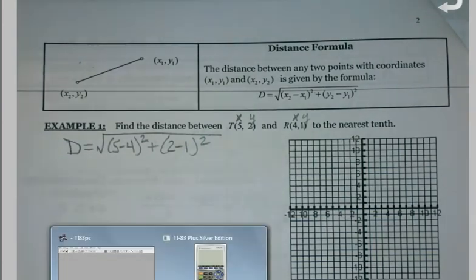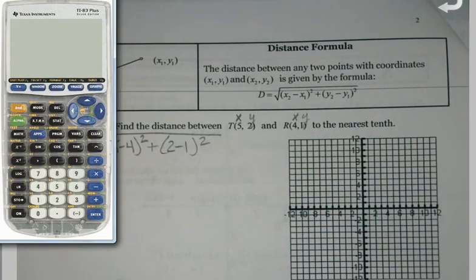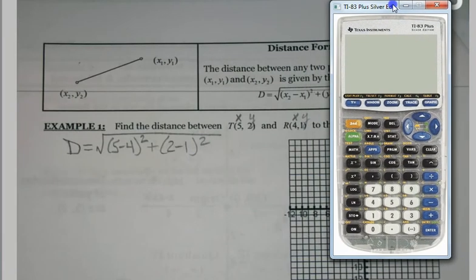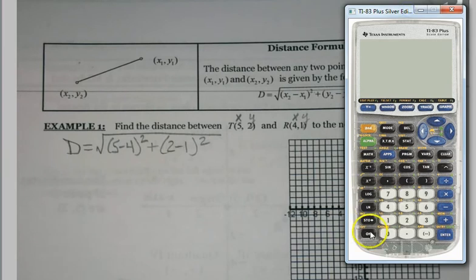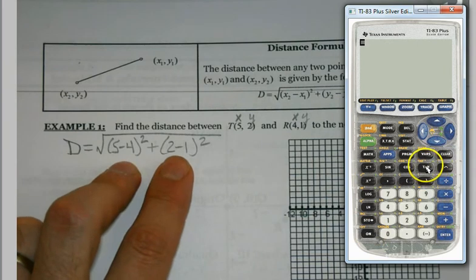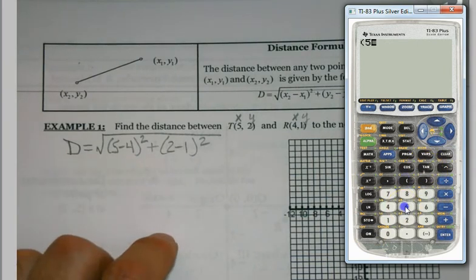And I can do all of this in the calculator, but here's the one caveat or warning I would put out there. I personally wouldn't try to do this all at once because it's that same parenthesis issue we were talking about before. So what I would do is I would do the stuff underneath. So 5 minus 4 squared plus 2 minus 1 squared.